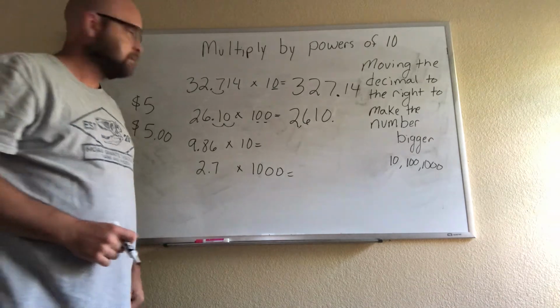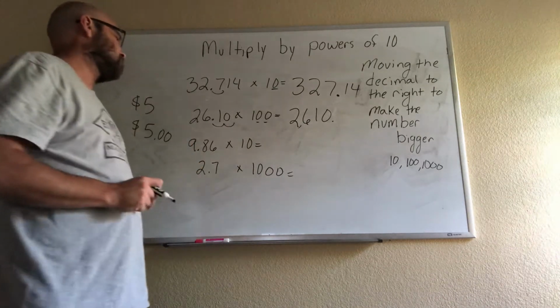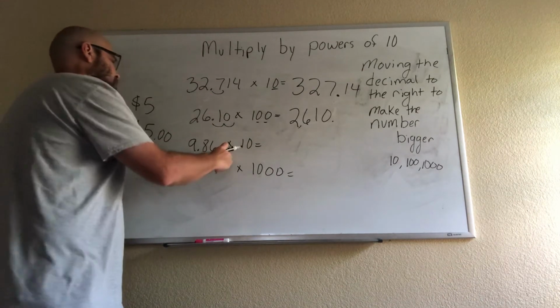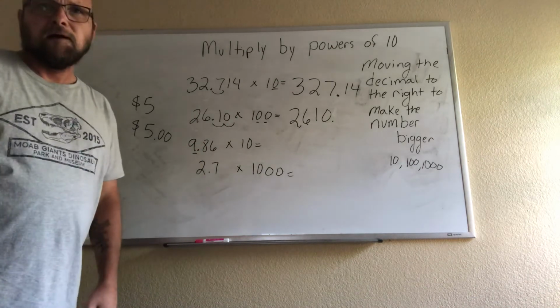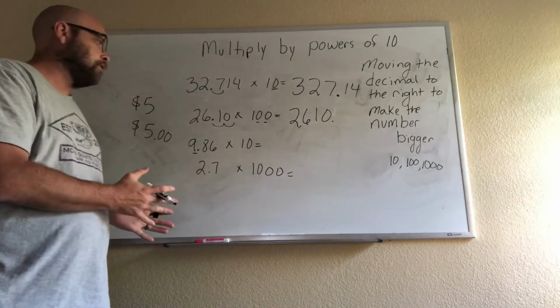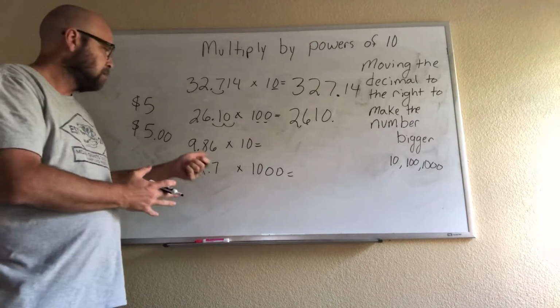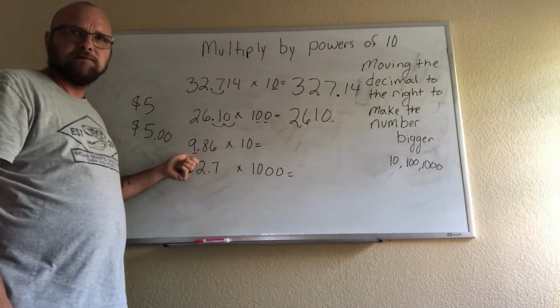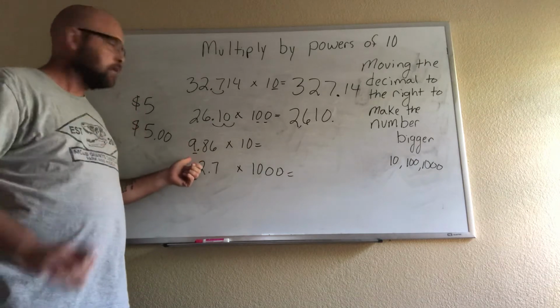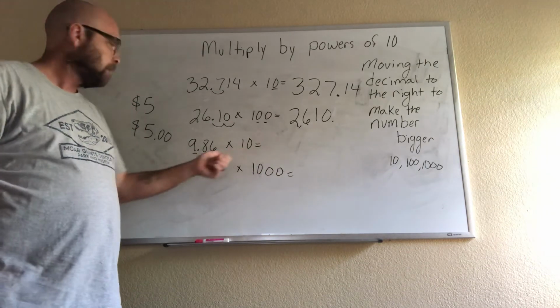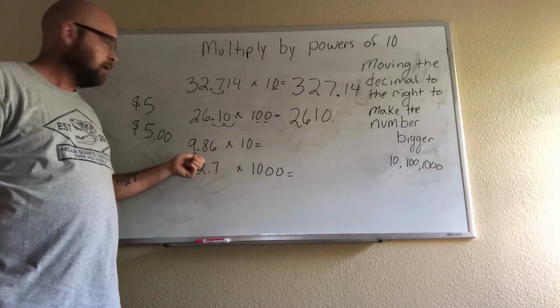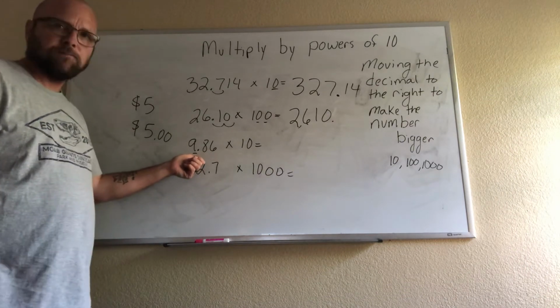Cool beans! 9 and 86/100 times 10. My 9 is in my ones place. I need it to be 10 times greater than what it is, so I need it to be in my tens place. So if I just look at the whole number, 9 times 10 would be 90, but I want this to be in my tens place.